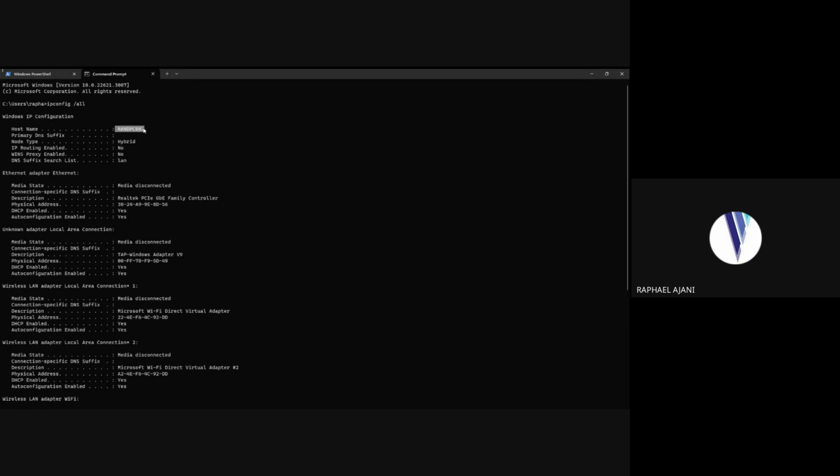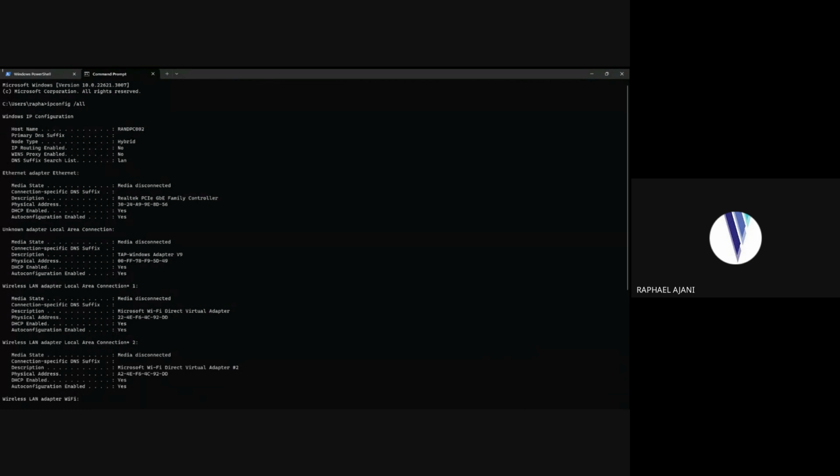It also translates domain name into IP address. So the first information here talks about the network name, DNS information, routing. It's just giving us information about the protocols that are enabled or the capabilities on the NIC.